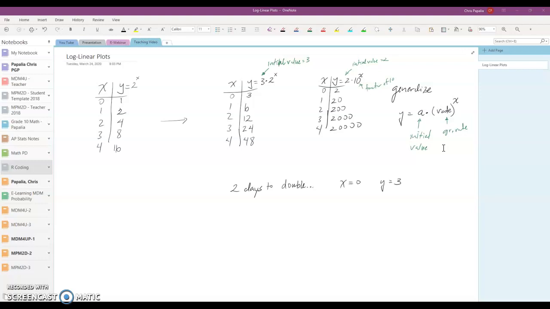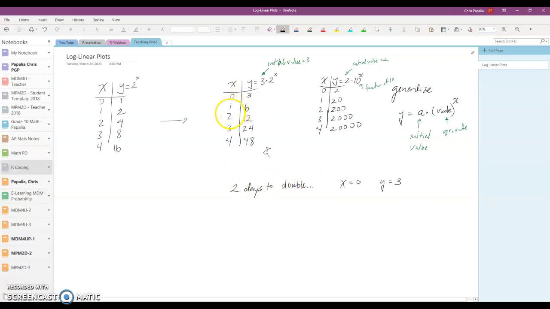So I'm going to give you a problem to think about here for a second. At time 0, or x equals 0, we've got 3 items, whatever they are. It's similar to this question here. What we're saying now is we want it to take 2 days to double rather than 1 day.